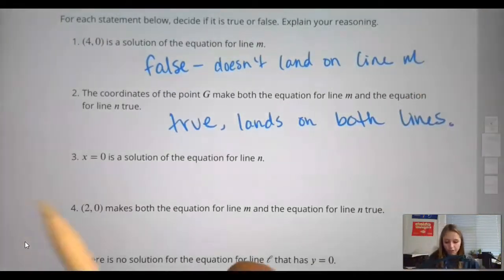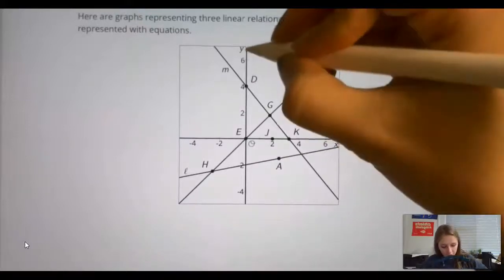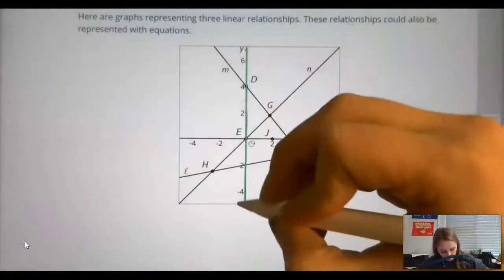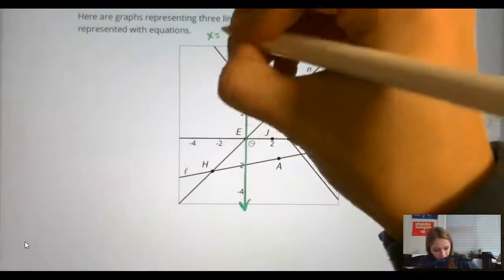Okay, so now it says x equals 0 is a solution of the equation for line N. So let's go see that. So if x equals 0, that means my line would then be going through the x-axis at 0. So this is what my line would be for x equals 0.